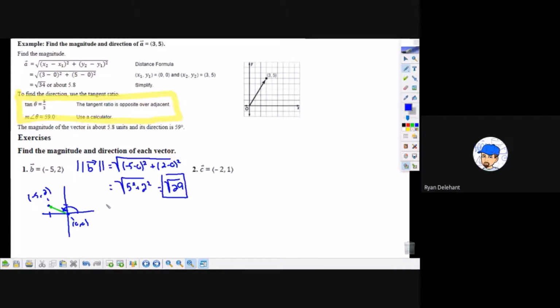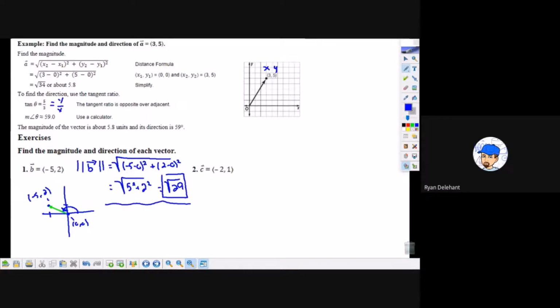And when we go and find the direction, that's going to take us a little bit of reasoning. So we're going to use tangent. Let me delete our highlight here so we can see this. Now what they did here, they're doing an example from this one right here. We have an x of 3 and a y of 5. Tangent is always going to be the y value over the x value.